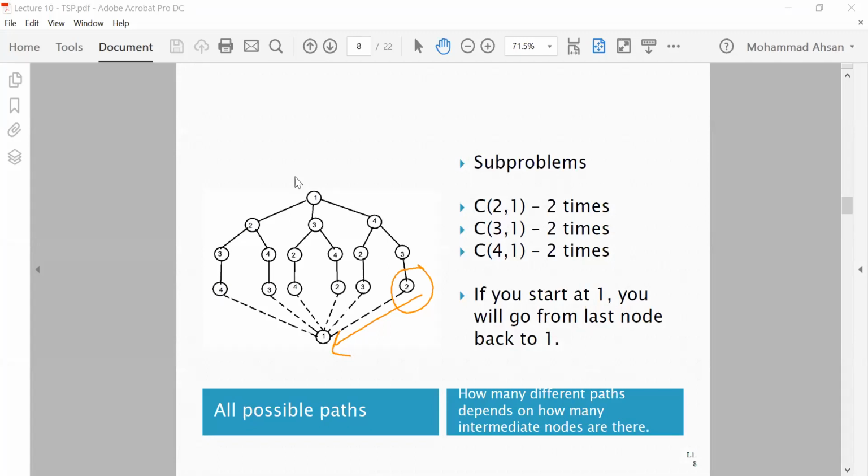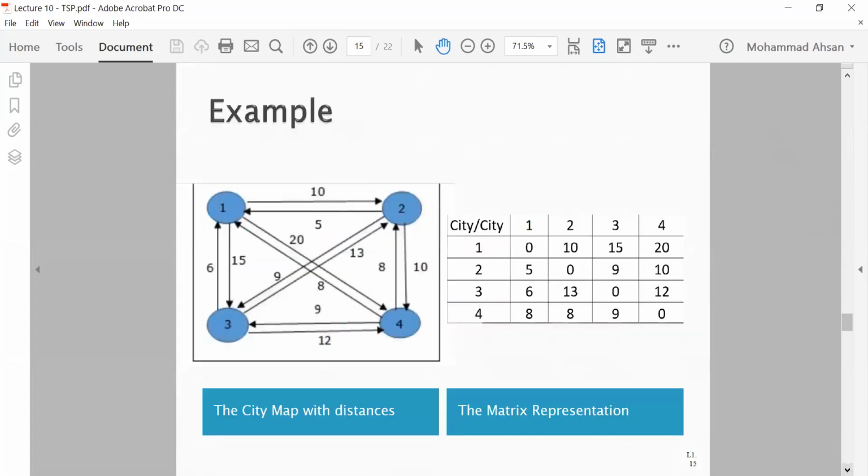This is the cost C21, which is simply the weight of the edge from 2 to 1. What is the cost of going from 2 to 1 from this matrix? It is 5.